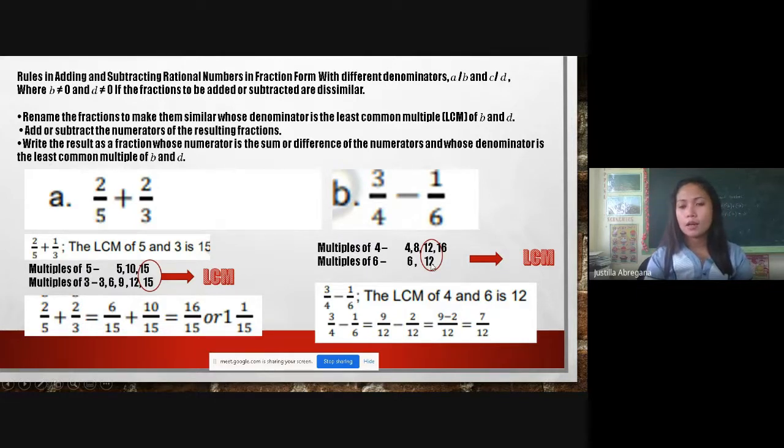So the least common multiple is 12. So how are we going to solve? We'll write 12 and 12. 12 divided by 4 is equal to 3 times 3 equals 9. And then 12 divided by 6 is equal to 2, and times 1 equals 2. So that is 9 minus 2 equals 7. Copy the denominator, 12.